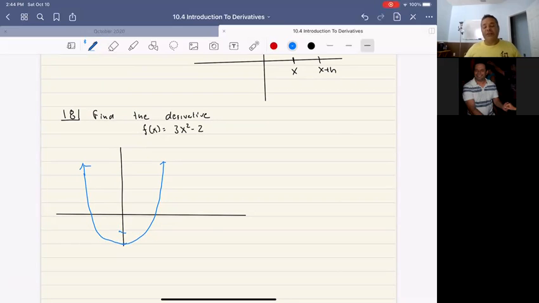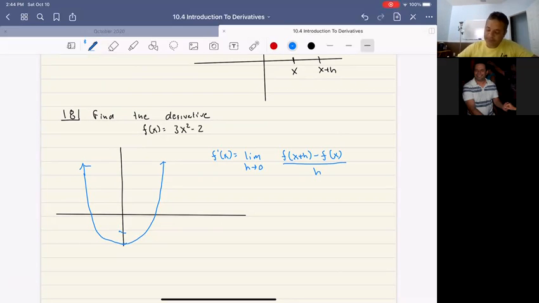Okay, so now what we're going to do is find this derivative, which is the limit as h goes to 0 of f of x plus h minus f of x divided by h.